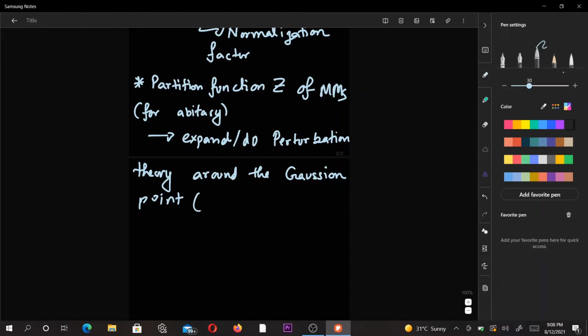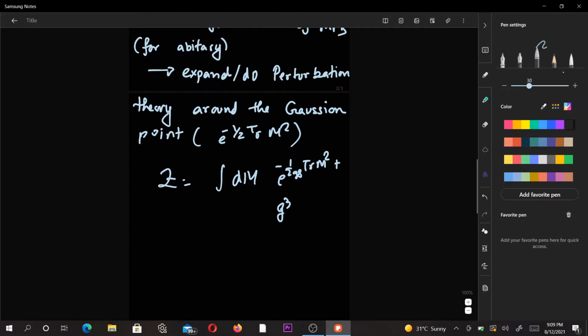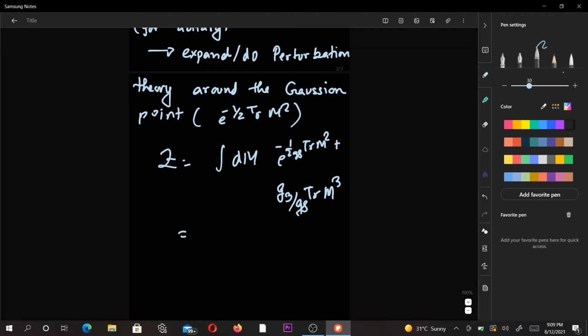So this means that if you had a matrix integral like this, let's say one half GS trace of M squared plus, let's say, G3 GS trace M cubed, then what do I mean by doing perturbation theory?